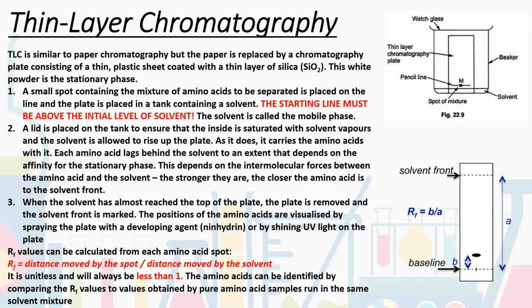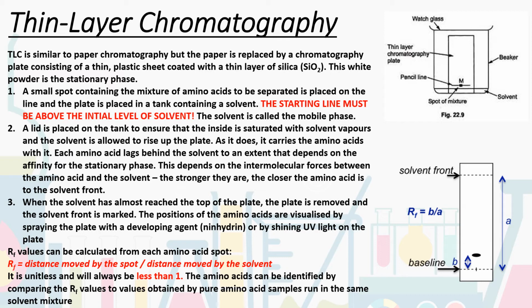And as it does this, it will carry the amino acids with it. Now each amino acid will lag behind the solvent front to an extent that depends on its affinity for the stationary phase. How much does it like that silica stationary phase compared to how much it likes being in the solvent phase? And so this ultimately depends on the intermolecular forces between the amino acid and the solvent.